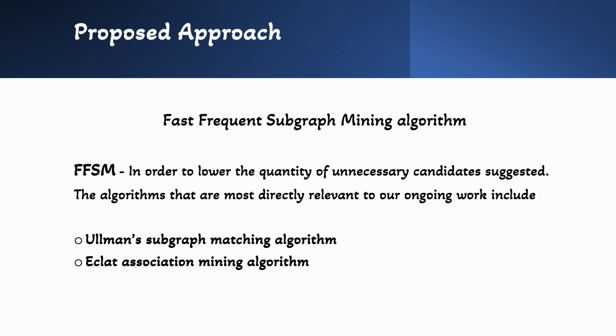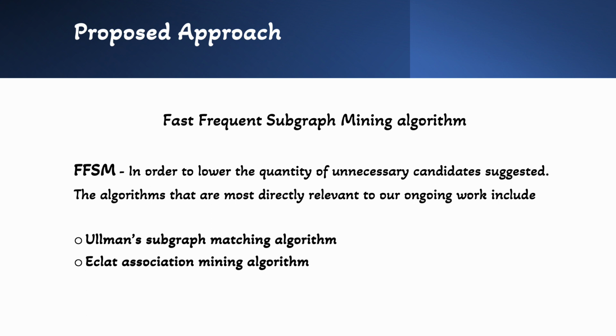By comparing FFSM to the state-of-the-art subgraph mining algorithm gSpan, our empirical investigation on both synthetic and real datasets demonstrates a significant performance boost. The algorithms most directly relevant to our ongoing work include Ullmann's subgraph matching algorithm and Eclat association mining algorithm.